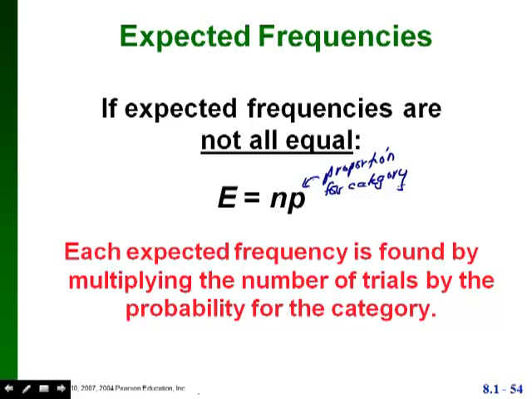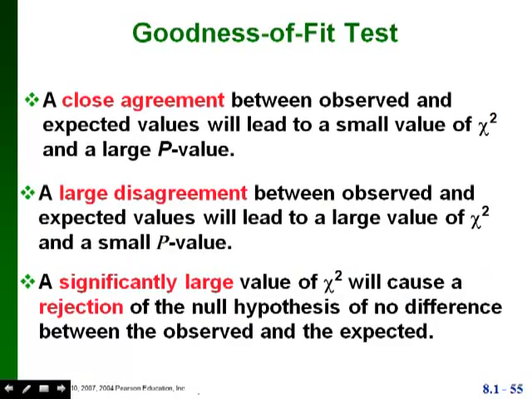And as I said a little while ago, if our observed and expected frequencies are close together, then we'll end up with a small value of chi-squared, our test statistic. That will give us a large p-value. If we have a large difference between the observed and expected values, then we'll get a large value of chi-squared and a small p-value.